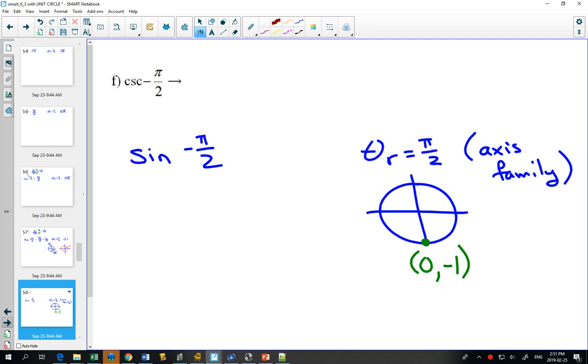And now our big idea is, is sine the x coordinate or is sine the y coordinate? Sine is the y coordinate, so I can say that sine of negative pi over 2 is negative 1. That means cosecant of negative pi over 2 will be 1 over negative 1, which is still negative 1. It's not bad if you left it as 1 over negative 1.